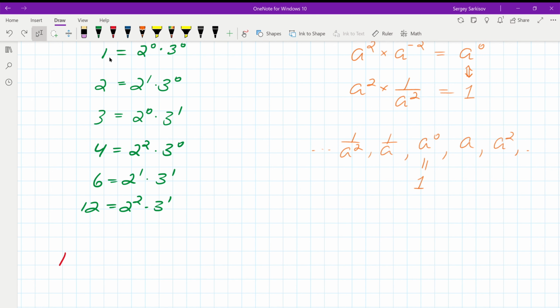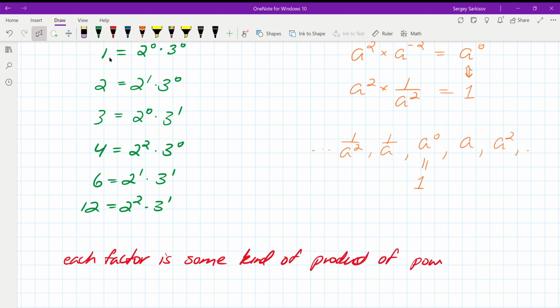Each factor is some kind of product of powers of 2, right? But up to 2 of them, right? Up to 2. And powers of 3, up to 1.